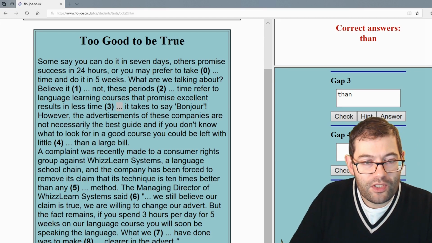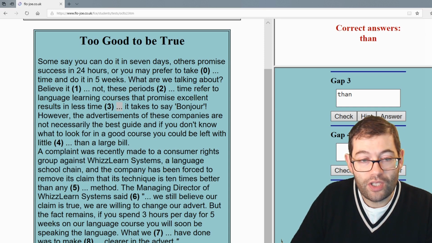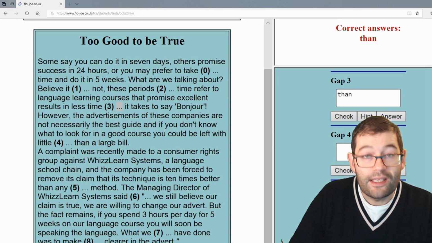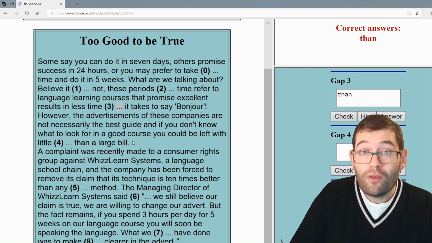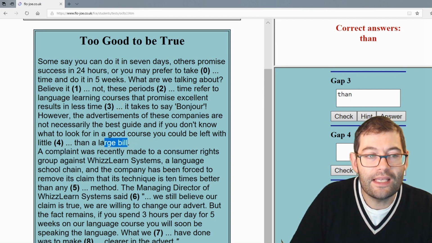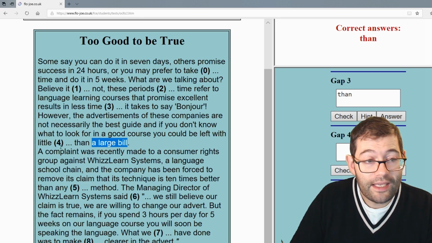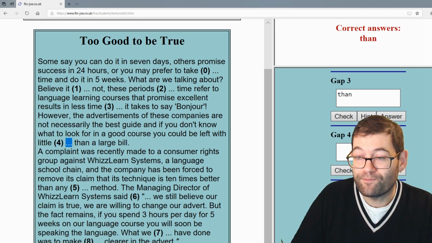However, the advertisements of these companies are not necessarily the best guide, and if you don't know what to look for in a good course, you could be left with little something than a large bill. What is this trying to say? This is basically saying that if you don't make a good choice, the only thing you're going to have is a large bill to pay for the course. So what we need here is an expression, a word.